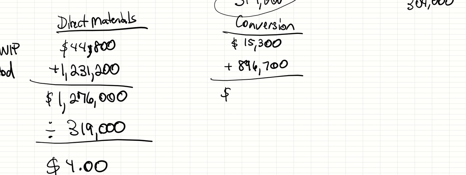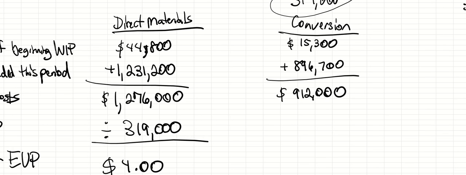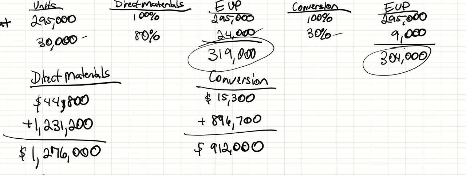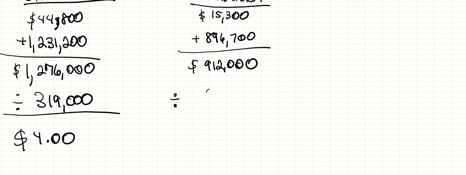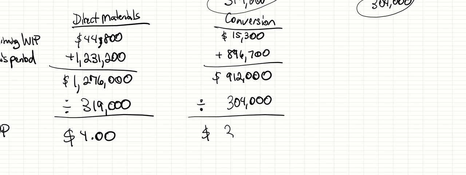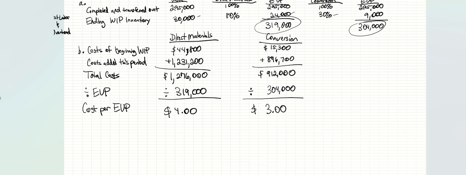So that's going to give us $912,000. And now we're going to bring in the EUP that was calculated in letter A. So that's going to be 304,000 for conversion. So we're going to divide 912,000 by 304,000. That's going to give us a cost per EUP, let me zoom out here, of $3. All right.